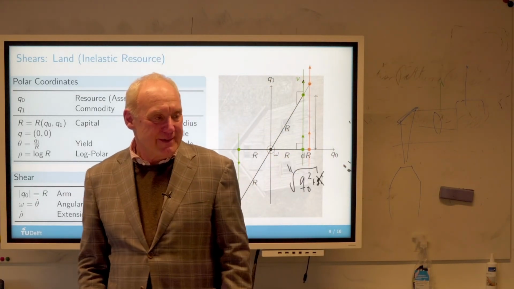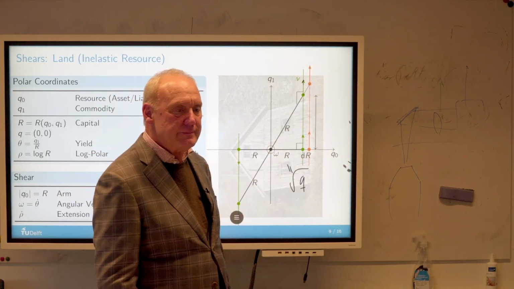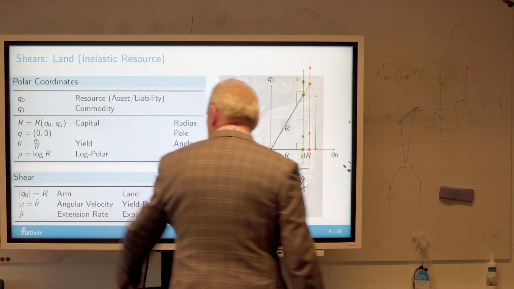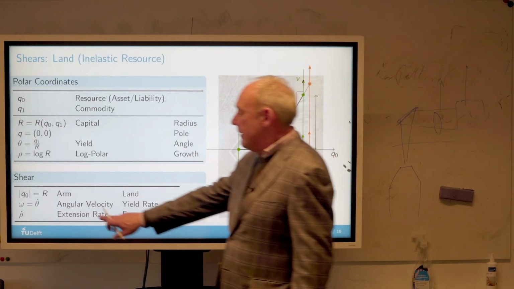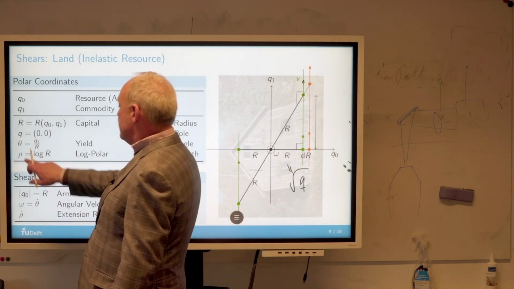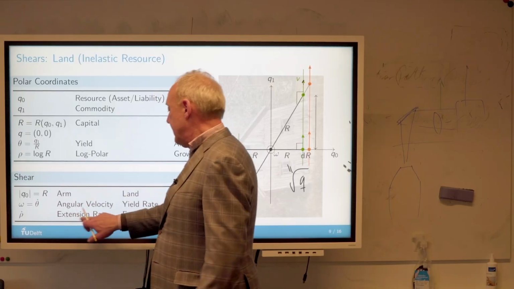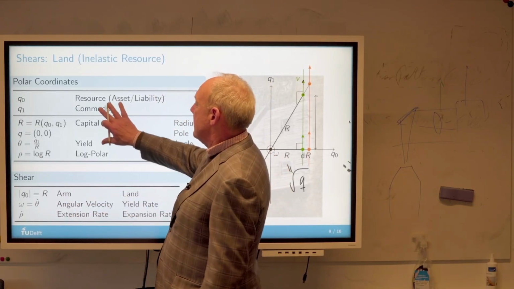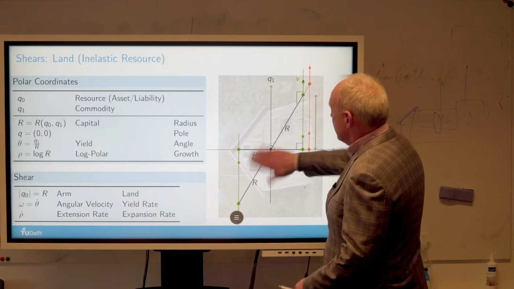All right? So that's just the formula for the shear arm. And then the formula for the angular velocity, you just take the last here, and there's some extension rate. I forgot to talk about this a little bit, and I immediately went into that. So that's the shear arm.